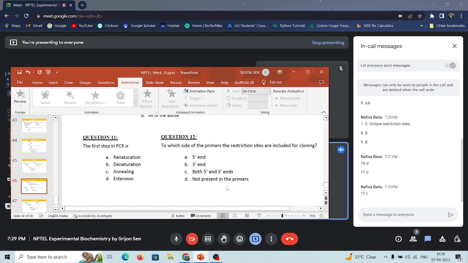So when you are designing your primer, you place them in the 5' end such that the enzymes can read them in the 5' to 3' pattern. And when you're designing a complementary primer, that is a reverse primer, you also do that in the 5' to 3' direction, and your bacteria is going to read in the same pattern. So that's why we always place the restriction sites in the 5' end. So 12, A is the right option.